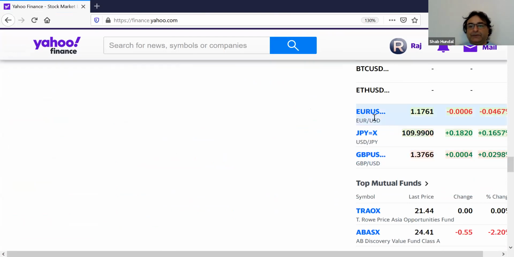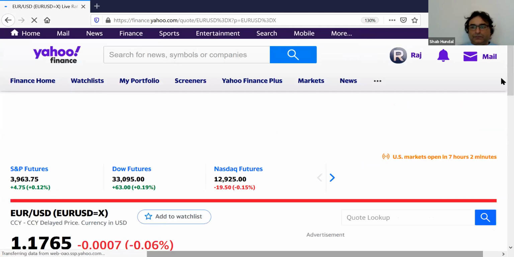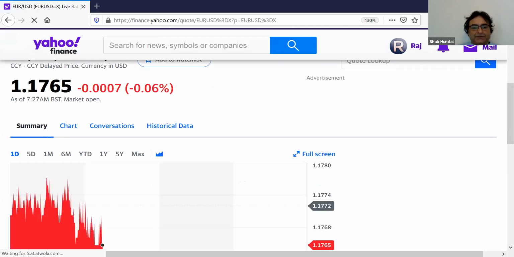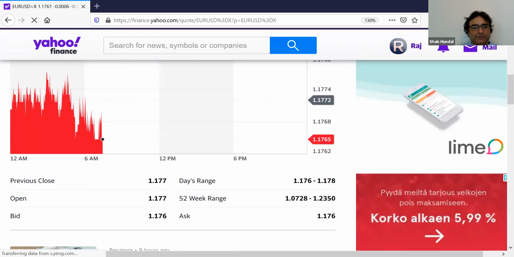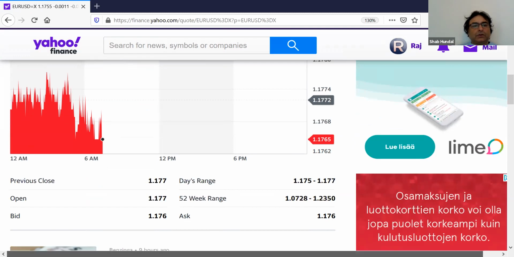So for example, the Euro-US exchange rate, and you can see the daily price.